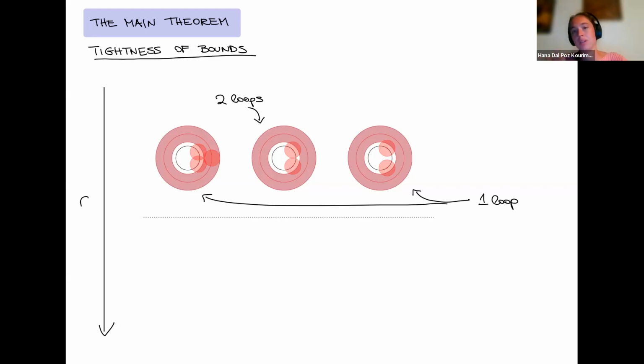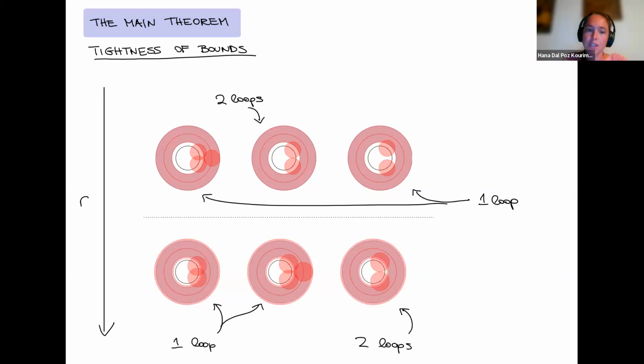And at the same time, in the further annuli to the right, the balls around the 2 points didn't touch yet. So there in the other annuli, we still have a homotopy type of 1 loop.